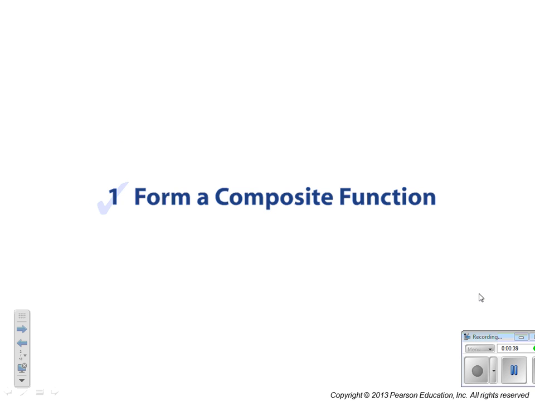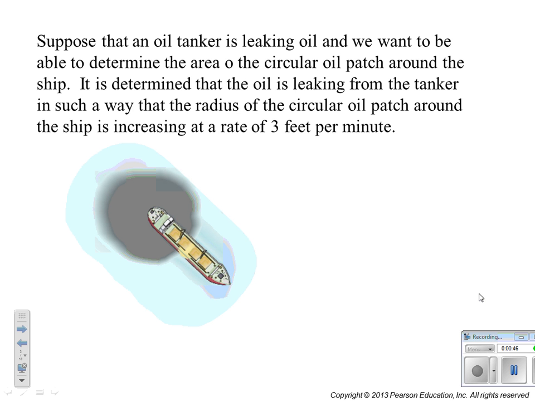So the first learning objective is form a composite function. So we're putting together a composite function. Suppose that an oil tanker is leaking oil and we want to be able to determine the area of the circular oil patch around the ship. It is determined that the oil is leaking from the tanker in such a way that the radius of the circular oil patch around the ship is increasing at a rate of 3 feet per minute.